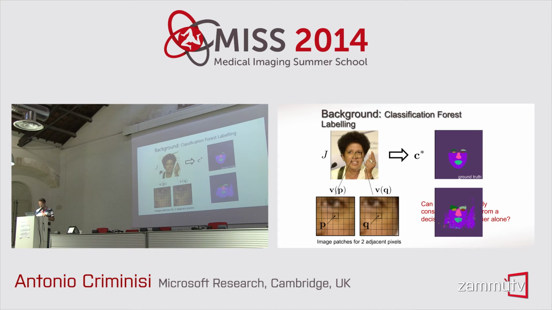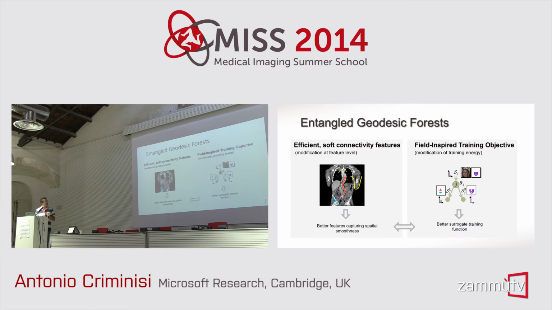So that's the question that we asked ourselves, and we worked hard to do this, and we came up with a paper called Entangled Geodesic Forests, presented at the last CVPR by my student Peter Kontschieder. Fantastic guy, really, really good. And there are two ingredients in this piece of work.